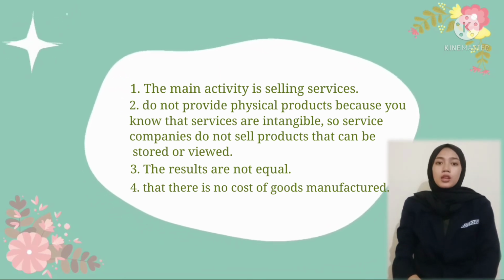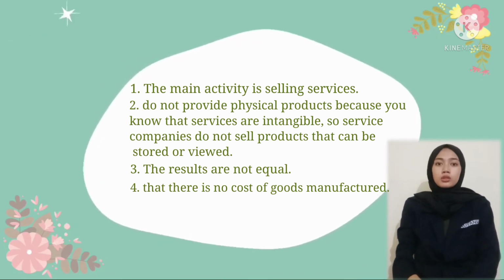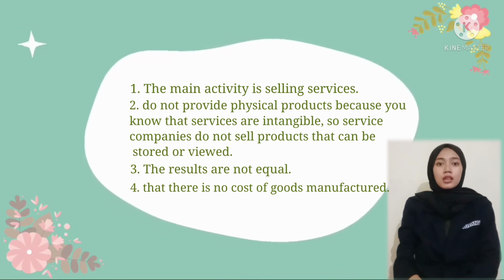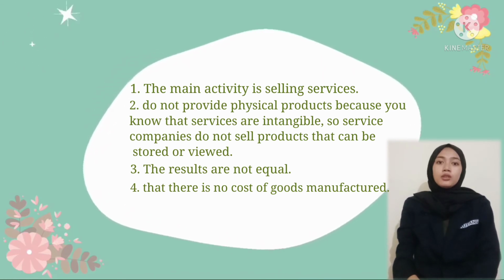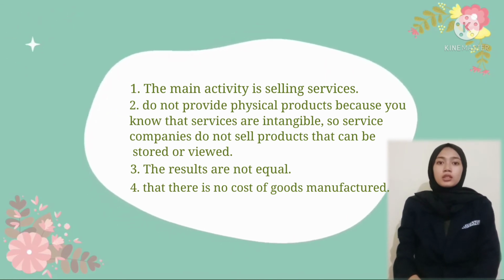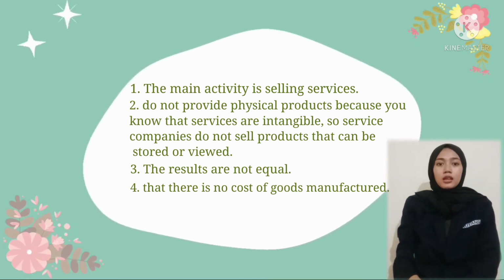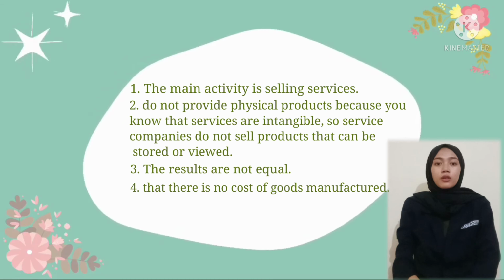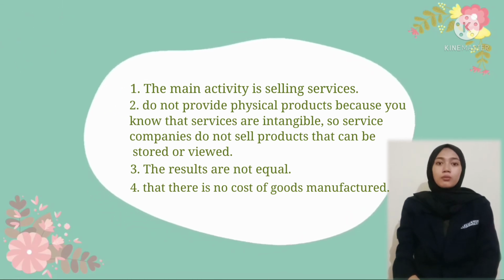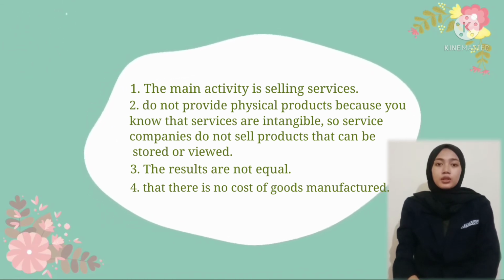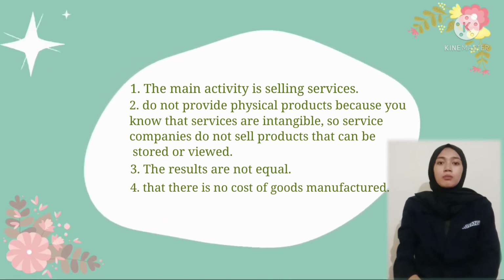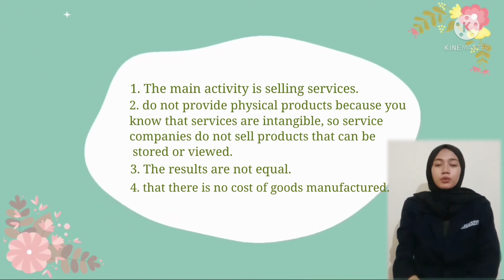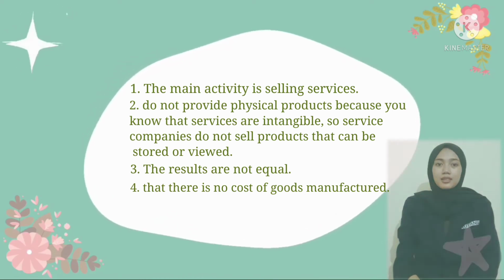Service companies do not carry out goods production activities because they do not need production raw materials. This makes the financial statements of service companies not contain information about the cost of production and sales.